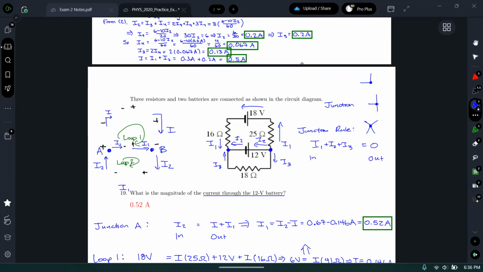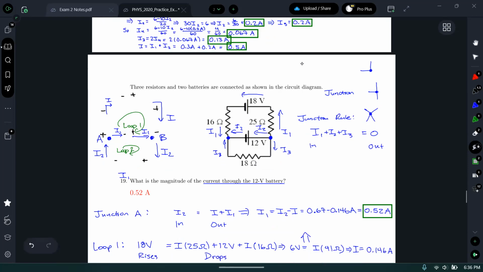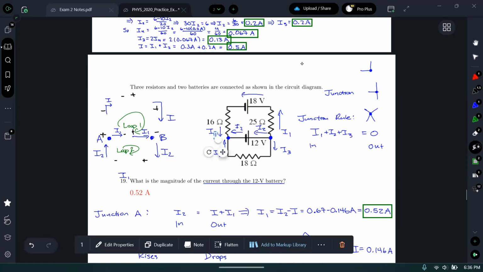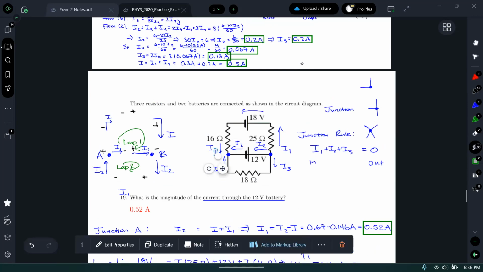So I have a question about this. Yeah. How do you know how to label the current? In what sense? Like how to label like I1, I2, and where you can see there's a junction A and junction B? So as far as why I called this one I1 versus I2, or why it's the direction it's labeled?